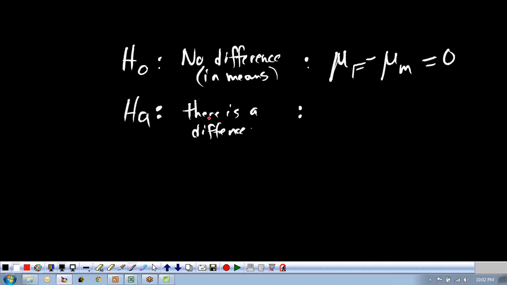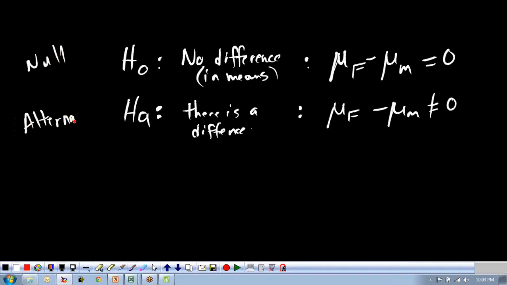On the other hand, if there is a difference, I would write mu F minus mu M is not equal to 0. So again, that's not much of a bold statement. It either is or it isn't. So I'm breaking up the world into two possible things. This one I call the null, and this one I call the alternative. Some people call it the alternate. I call it the alternative. So this is the null hypothesis, and this is the alternative hypothesis.